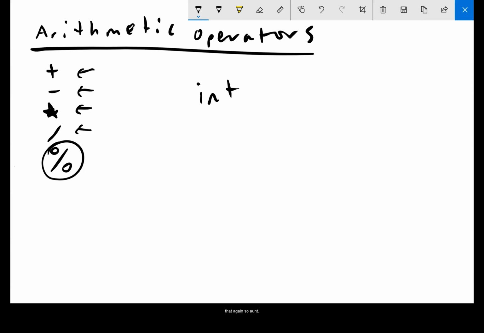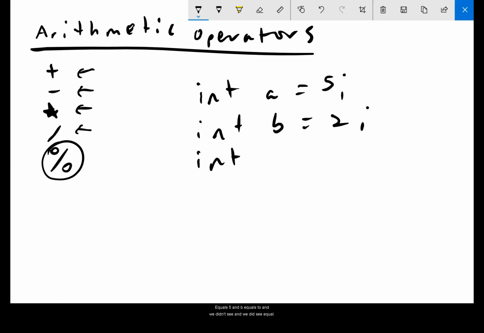Alright, so if we did that, okay, I need to write it out again. So int a equals 5 and int b equals 2, and we did int c, and we did c equals a modulus b.